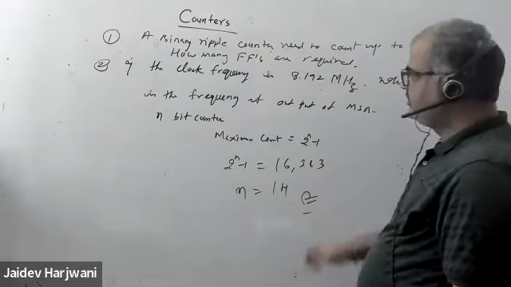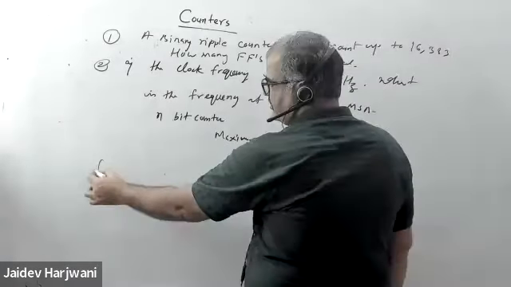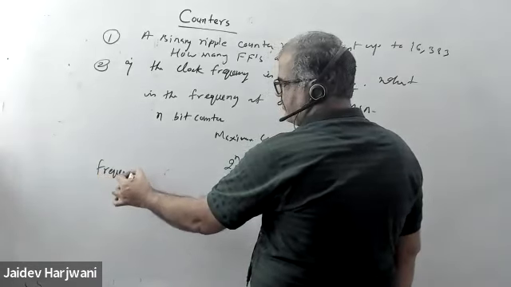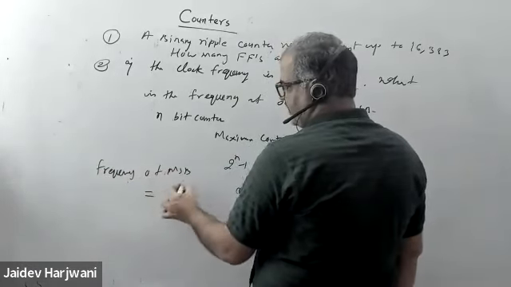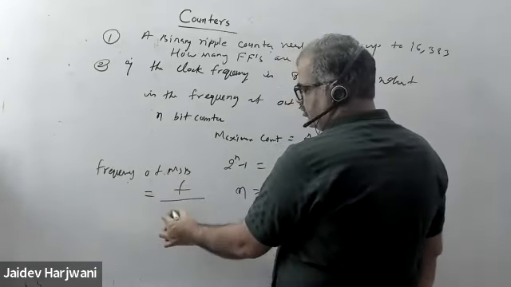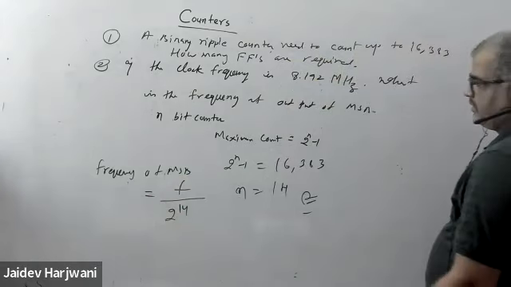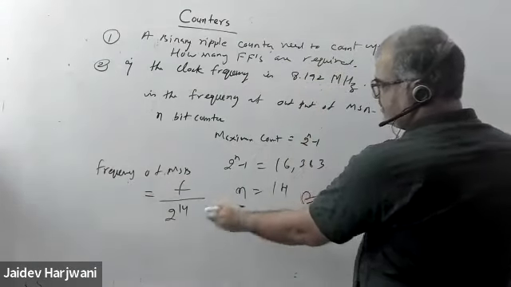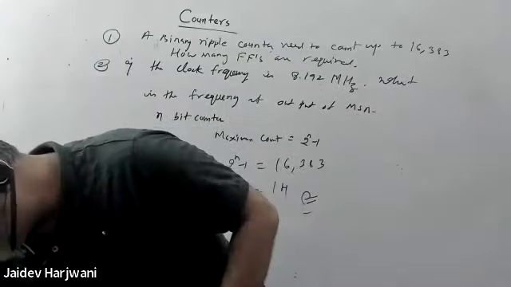Now once you know that n is 14, you can find the frequency of MSB. Frequency of MSB is f upon 2 power n, that is 14. The frequency is in megahertz, 2 power 14. Tell me the frequency of MSB approximately.